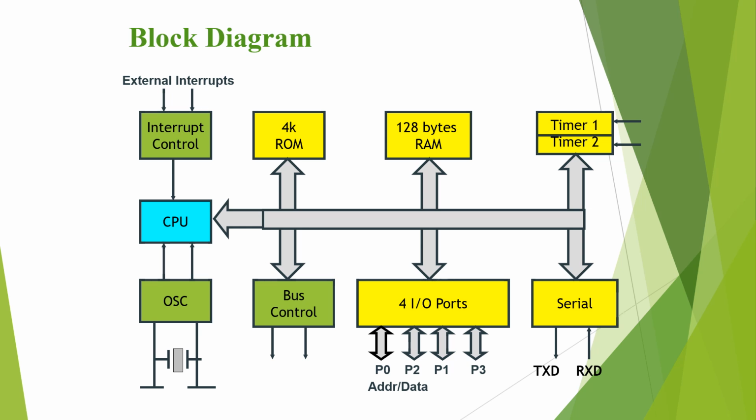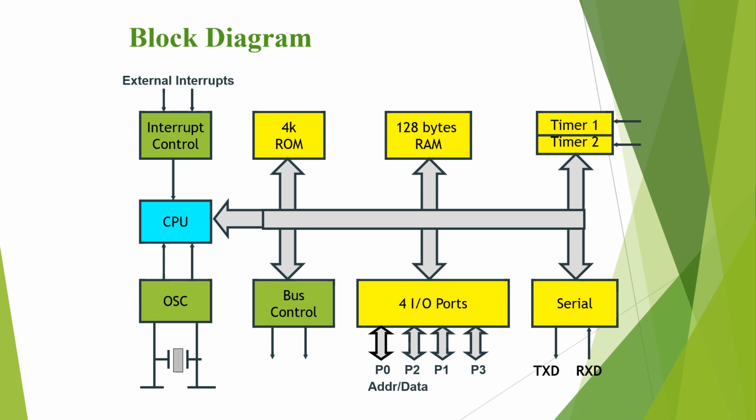There is a 4 kilobyte ROM inside the same IC, and there is a 128 byte RAM, and there are two timer counter sections in 8051. This is the serial communication section. TXD means the serial transmission pin, and RXD means the serial receiving pin.